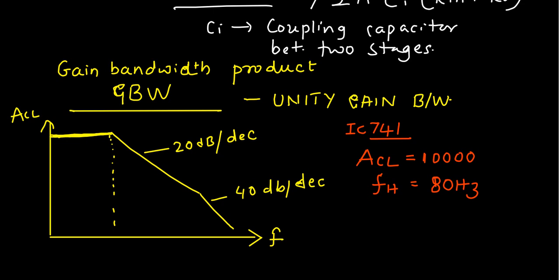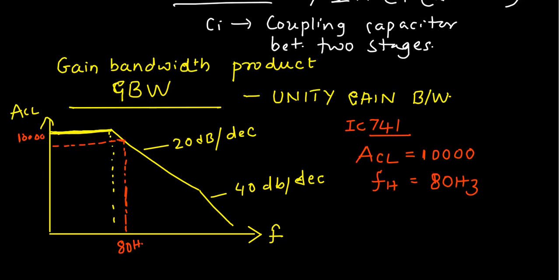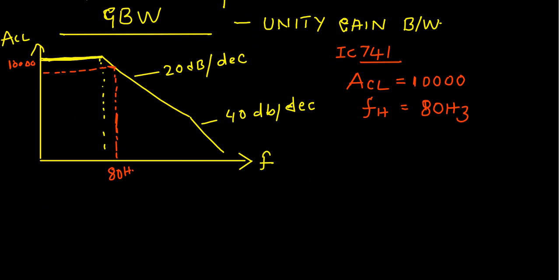Then, if you proceed further, your ACL needs to decrease, as you can see from the diagram, and that is the common phenomenon: as you go into the higher frequency ranges of operation, the gain is going to decrease. Now it has become say 1000 at FH equal to 800 hertz.